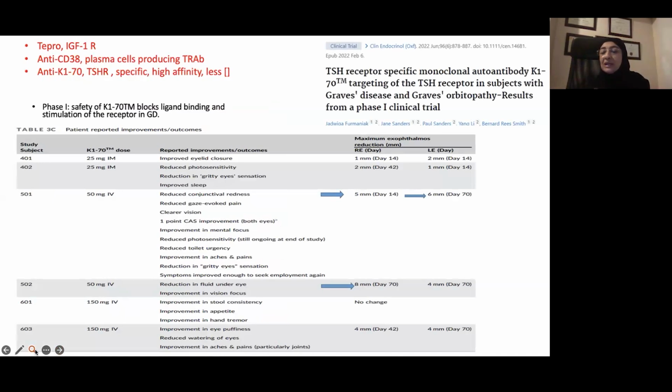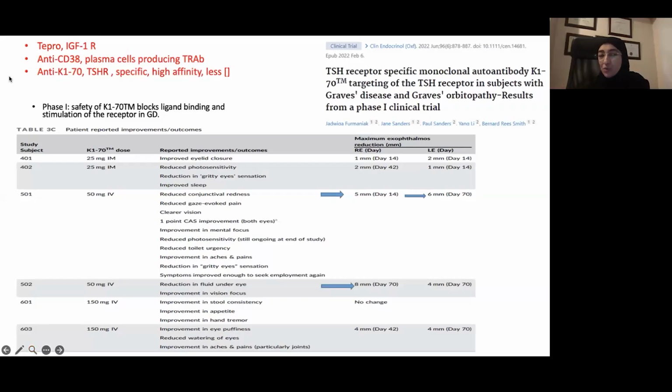Moving on to another drug in the pipeline, specifically targeting the TSH receptor. This is a monoclonal, K170, targeting the TSH receptor specifically for patients with both conditions, Graves' disease and the associated thyroid eye disease. So what do we have so far to treat thyroid eye disease?